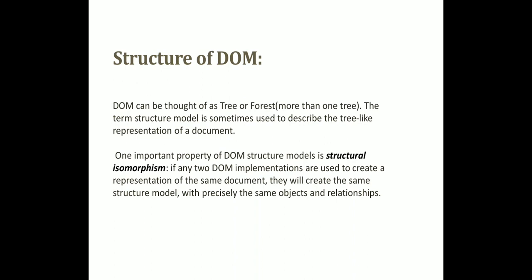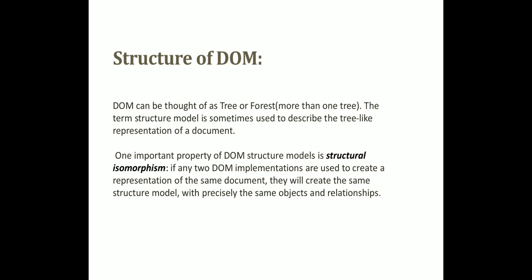The structure of the document object model can be thought of as a tree or forest, that is, more than one tree. The term structure model is sometimes used to describe the tree-like representation of a document.